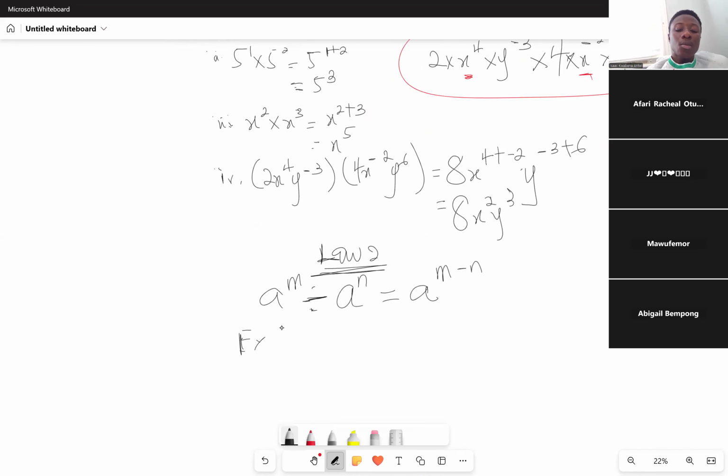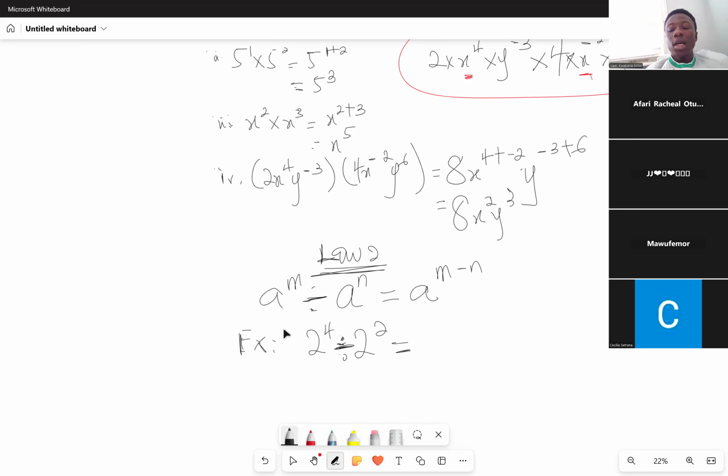Yeah, so example. Assuming I give you 2 to an index of 4, dividing 2 to an index of 2. So something like this. You see, the b's are the same, right?